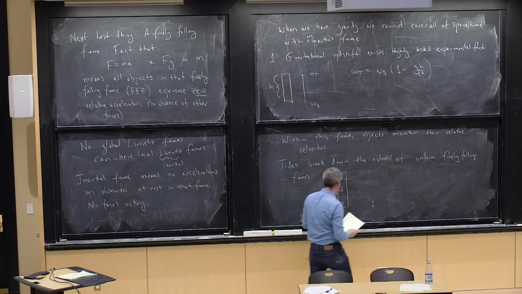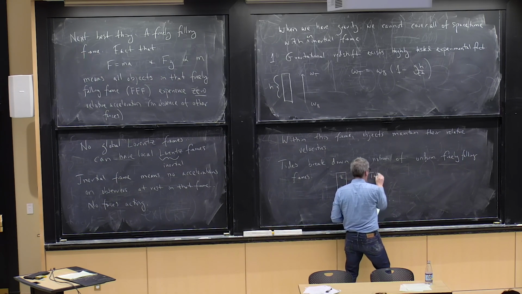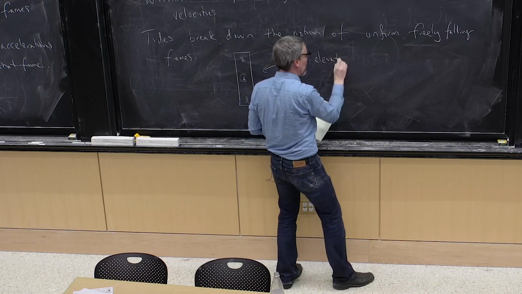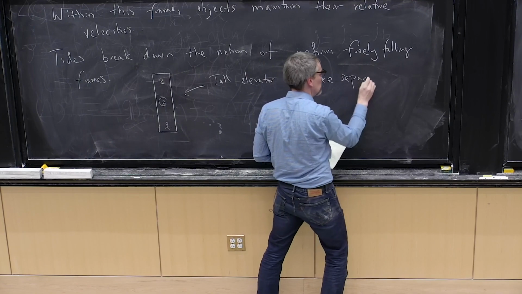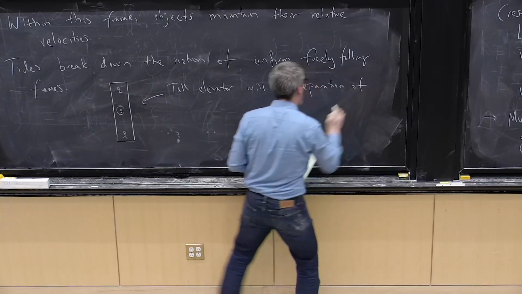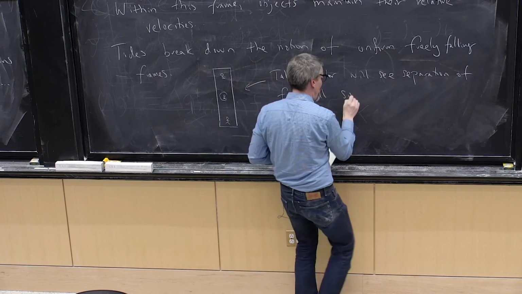Another way of saying this, so let me just say that. So a very tall elevator will see a separation of free fall, since gravity is not uniform.